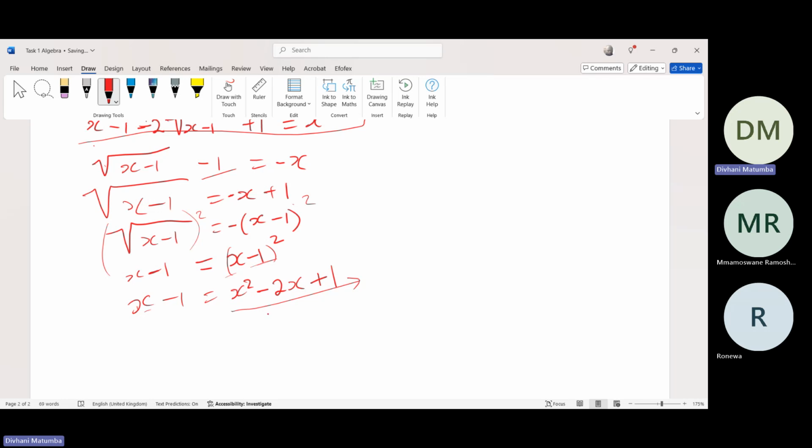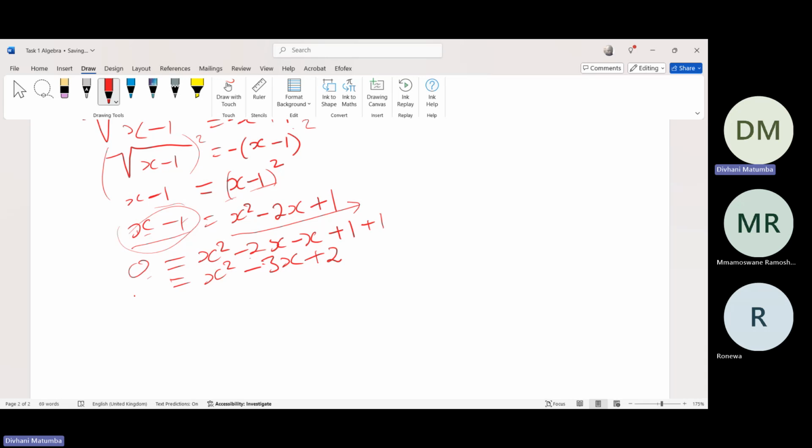So we're going to take everything to one side and be left with 0. We will have x squared minus 2x minus x plus 1 plus 1. This will be x squared minus 3x plus 2.